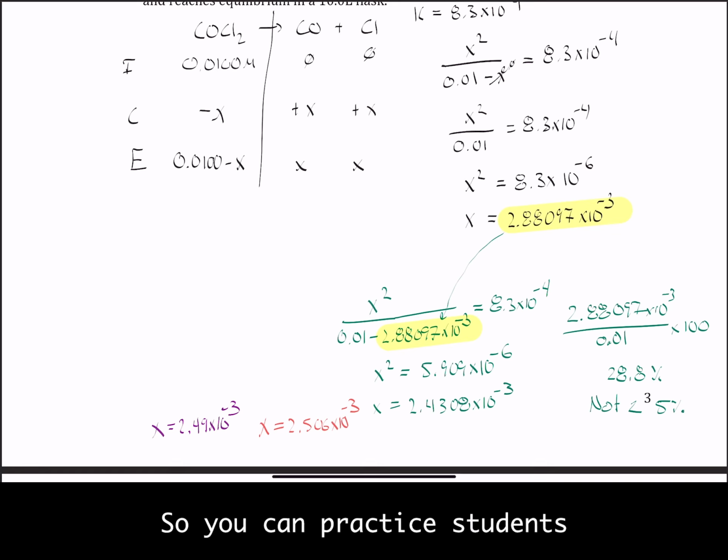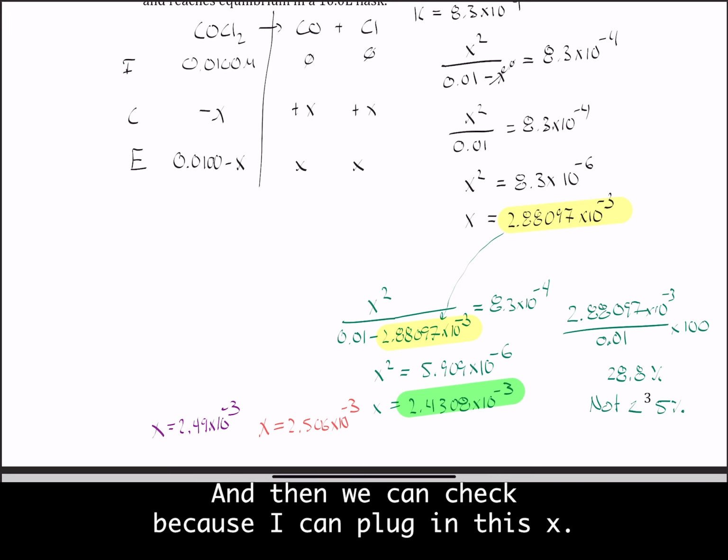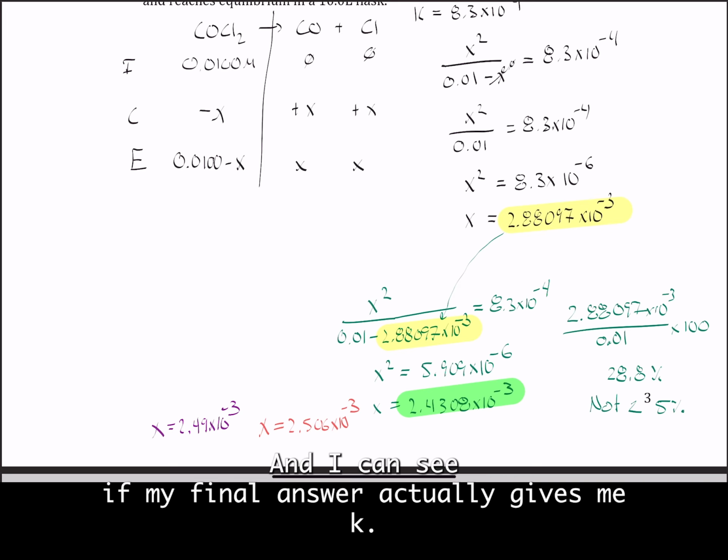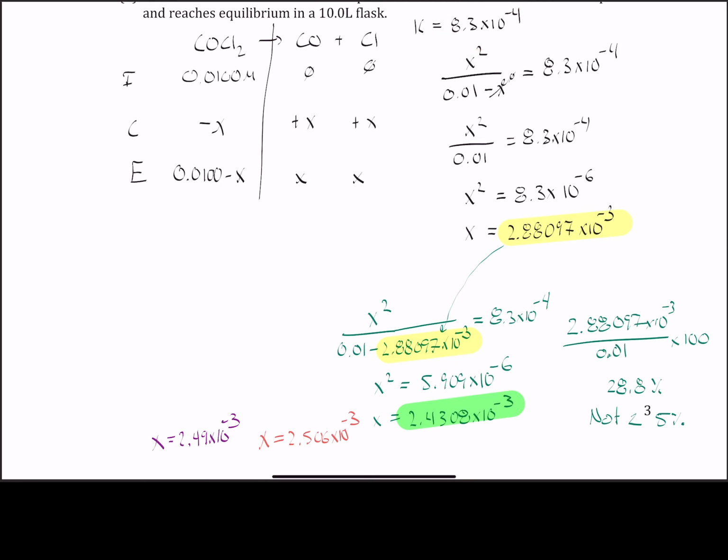So, I don't know, you could practice doing this on your calculator. But let's use this number, because really if you do it twice, that's enough, and then we can check. I can plug in this x and see if my final answer actually gives me k.